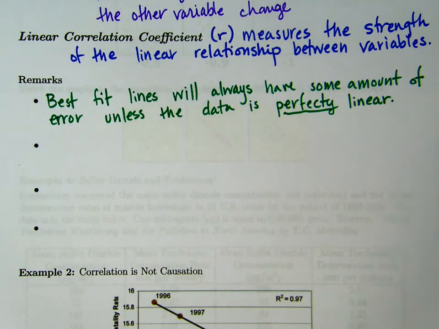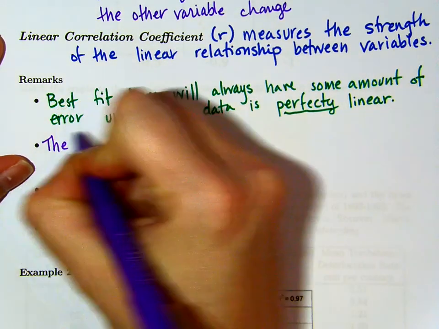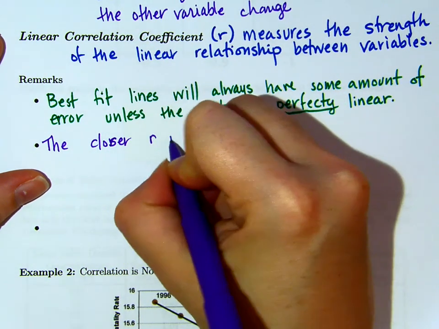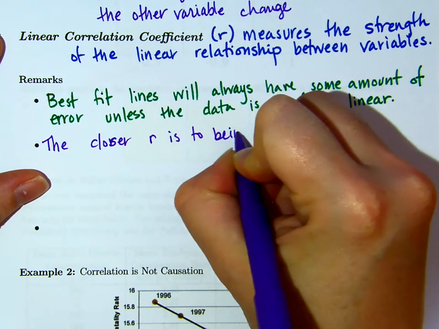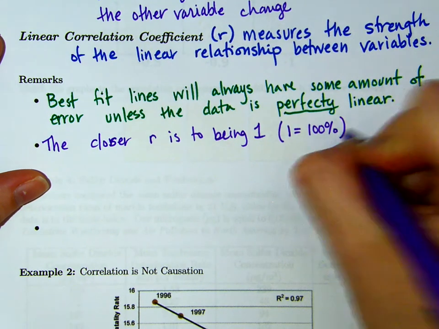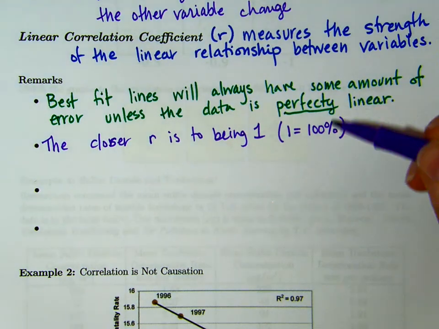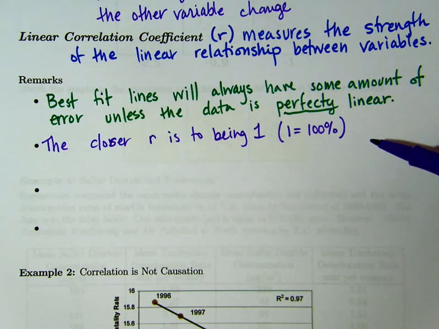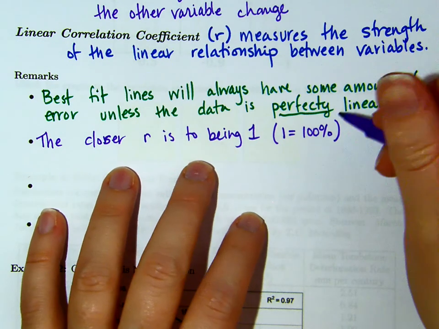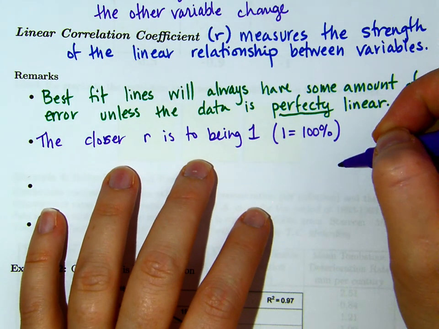Another thing that's remarkable is that the closer R is to 100%, the closer the data is to being aligned. So the closer R is to being 1, which by the way is 100%, or -1, because that would also be 100%, just decreasing. So the closer R is to being 1, the closer the data is to being linear.